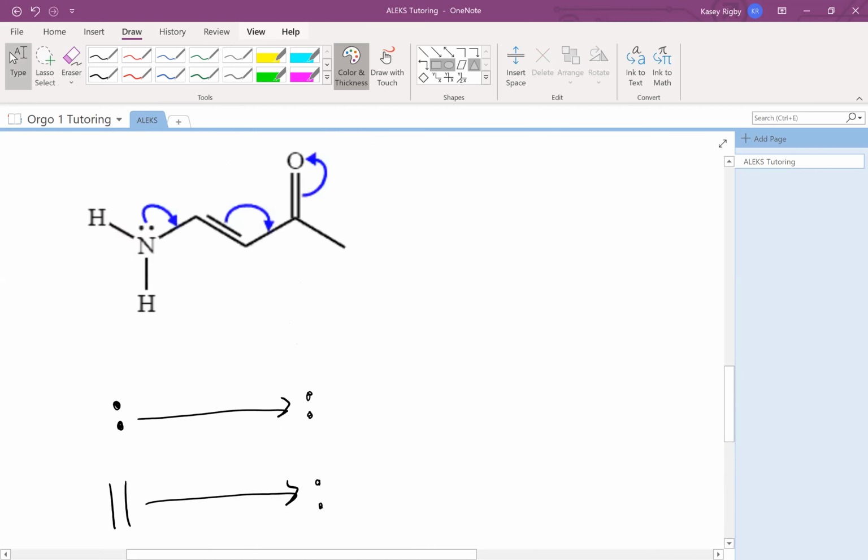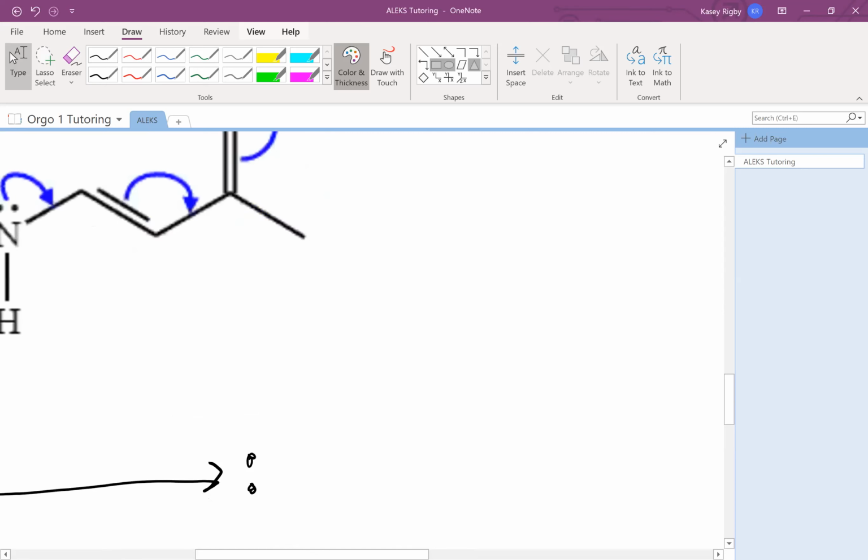Now, if we look at this stuff, I'm going to go ahead and label all of these carbons, whether they're sp2, sp3, all of that stuff, okay? So if we look at this carbon, we know, even though it's not shown, that it's bonded to 3 other hydrogens. How do we know this? Well, we know that this carbon does not have a formal charge. That means that it has to be happy. All of its bonds have to be filled, okay?